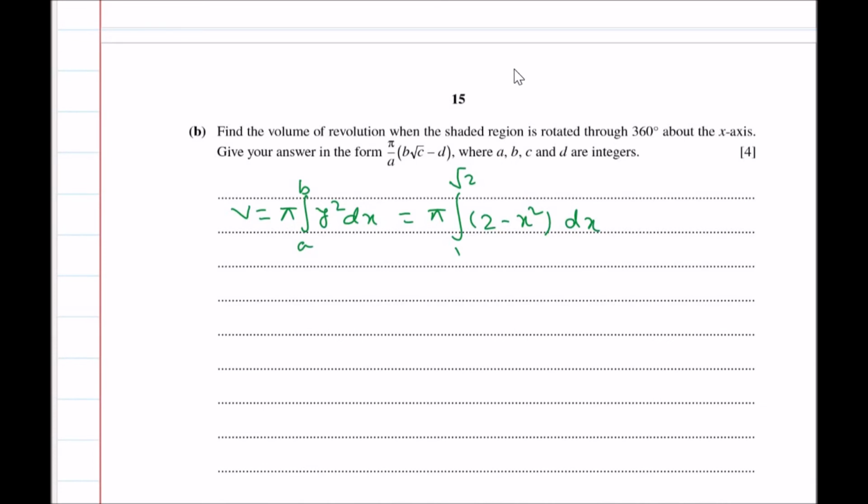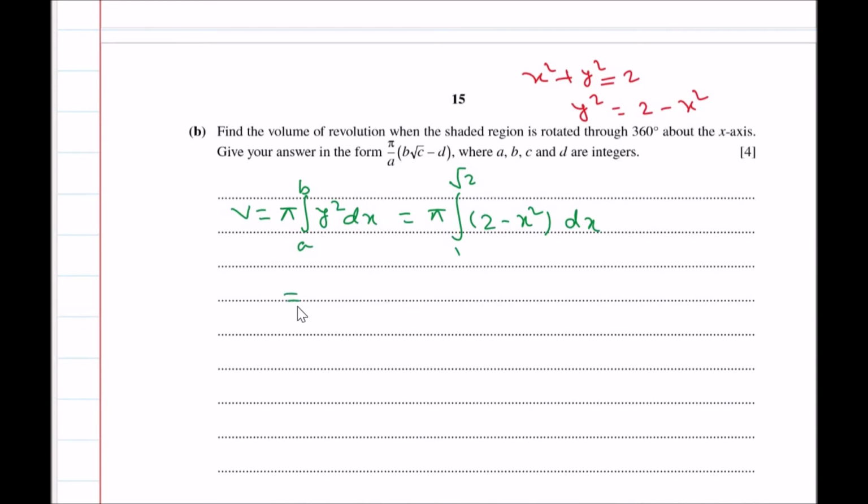Why? Because we have x² + y² = 2, so y² is equal to 2 − x². That is why 2 − x². Now we have to integrate and put the limits.